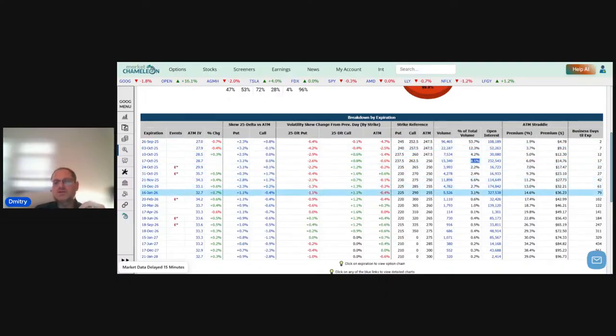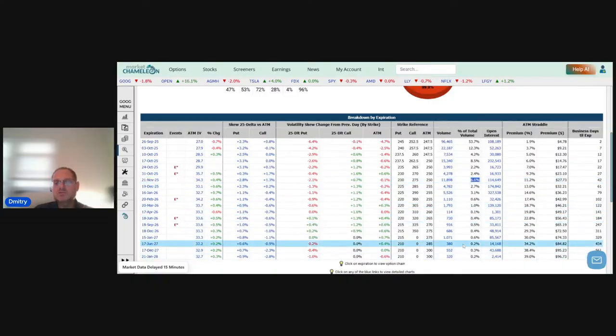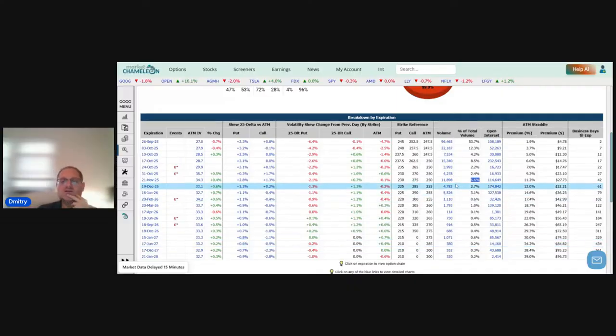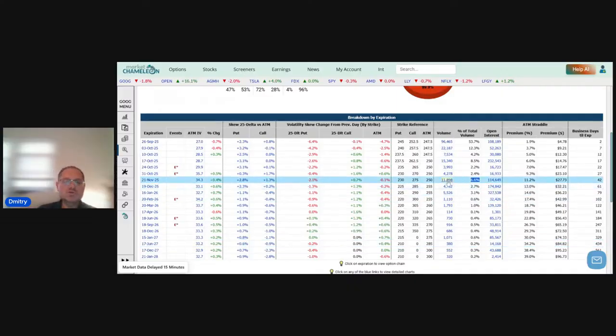Sometimes you might see a little bit of a pop somewhere out in the longer term options. And let's say we might be looking at a particular expiration and wanted to see that breakdown. Maybe we're interested in November 21st, and we see that there is some trading interest and activity, and there are 11,898 option contracts that traded.